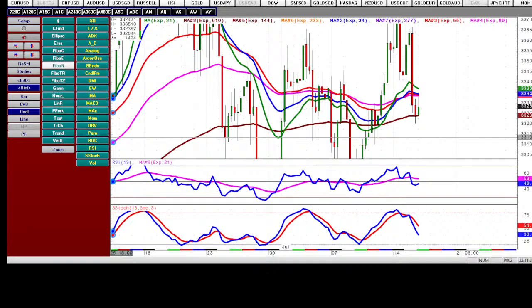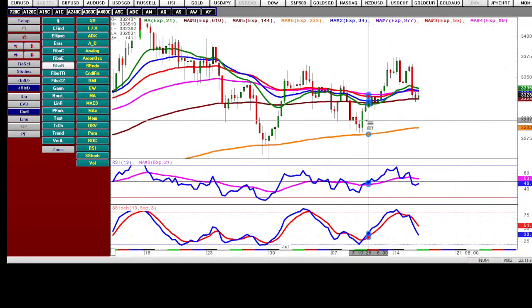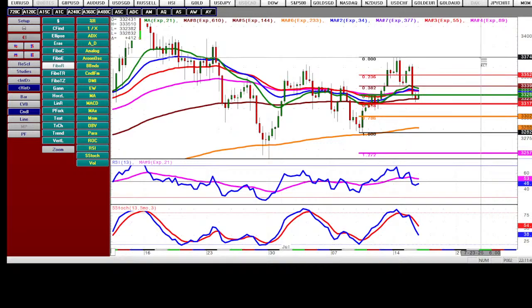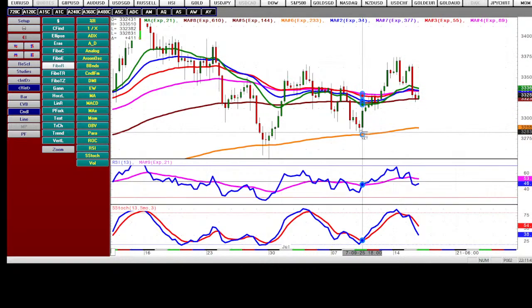Then the swing trading buy, we would take it at this low, or we should be buying somewhere near 3303.